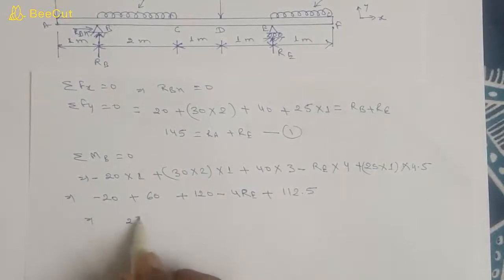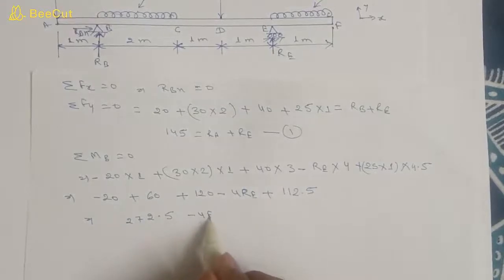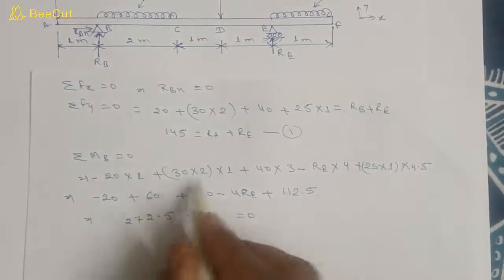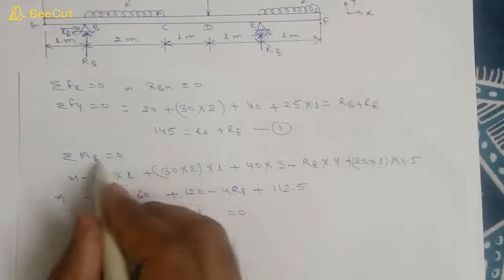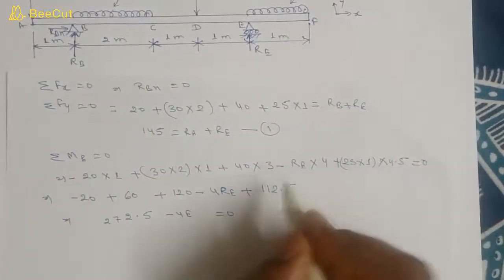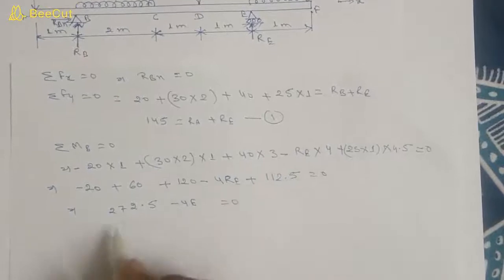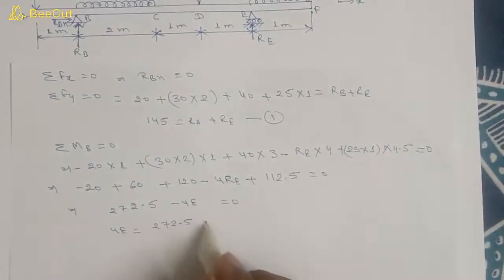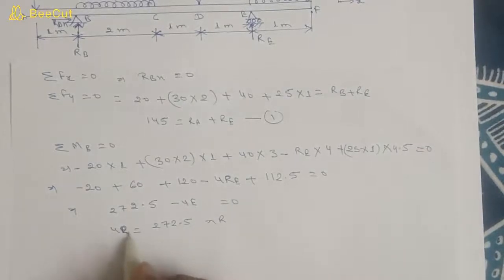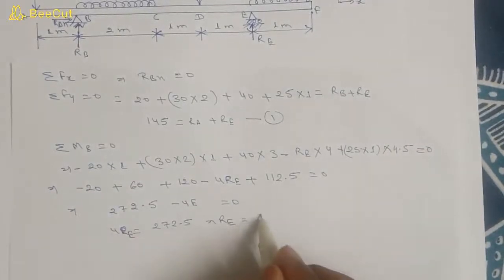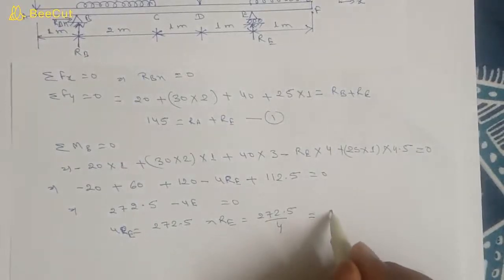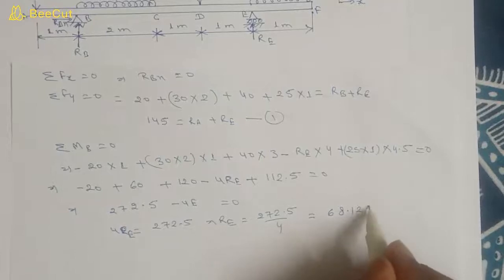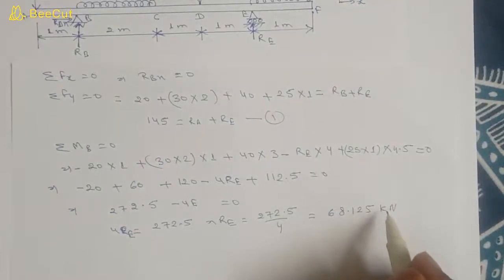So you will get 272.5 minus 4 RE is equal to 0. So 4 RE is equal to 272.5. So RE is equal to 272.5 divided by 4. So we'll get 68.125 kilonewton as the value of RE.